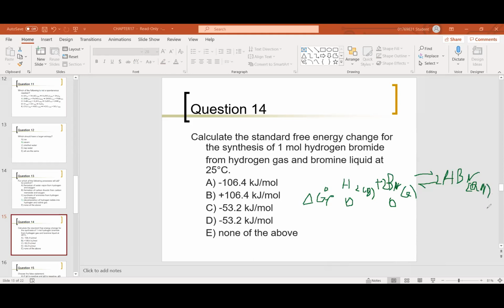I don't have the table for acids anyways, so I thought this was alphabetical. Silver bromide.